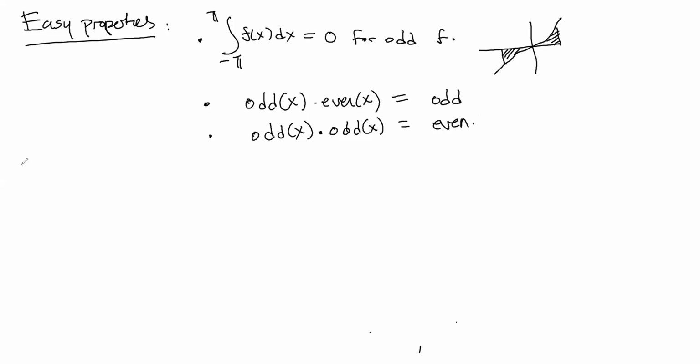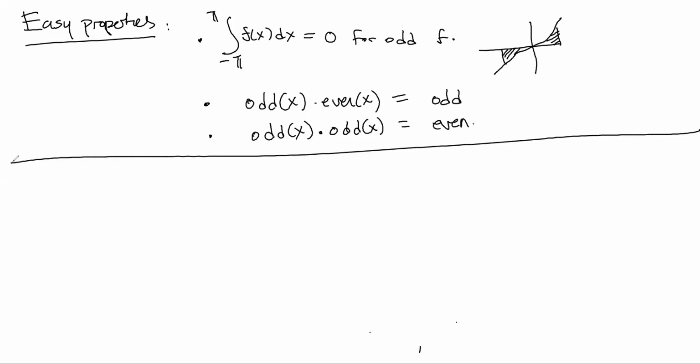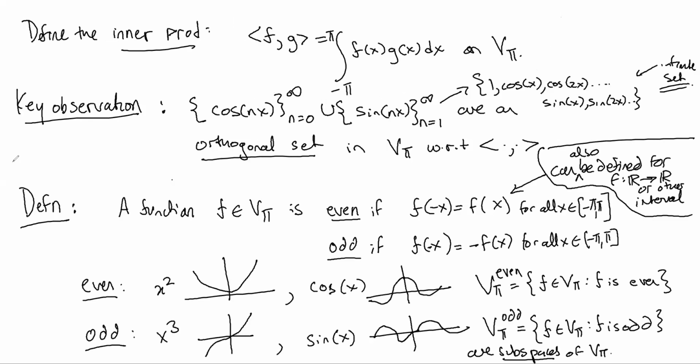Now let's go back to our key observation with this slight simplifier, odd and even functions. Actually, it comes up a lot. Let's go now to proving this key observation, that these sines and cosines form an orthogonal set.